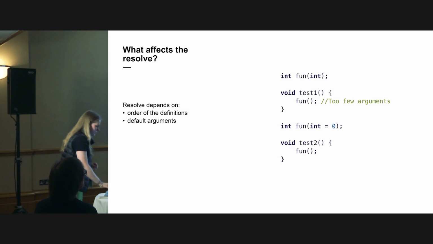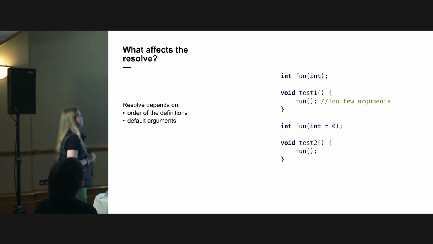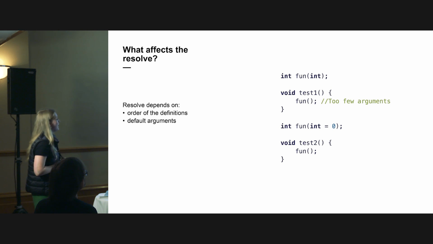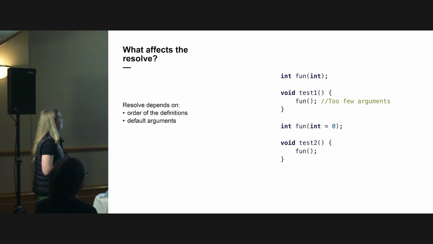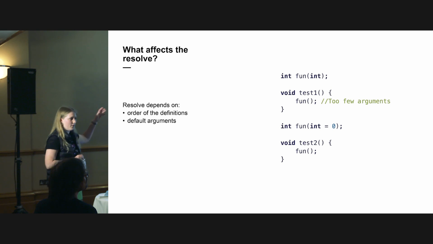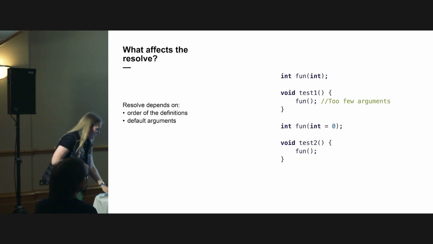Then it goes to default arguments, which is a little bit more tricky. The first one is not correct because it doesn't have enough arguments, and the second one is better because I have a default argument here. For the IDE, we need not only to show that something goes wrong, but to show you the proper issue, that there are too few arguments.